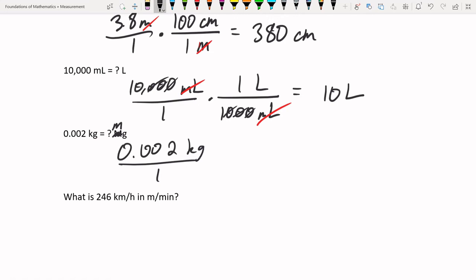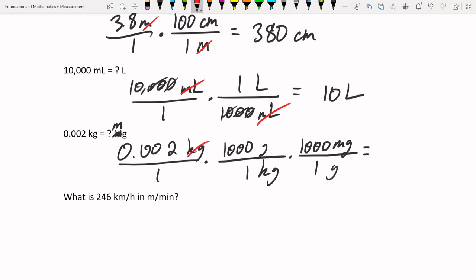If you're not sure of the direct conversion, which is going to be 1 million times as small, so there's 1 million milligrams in a kilogram, you can go to the baseline measurement, which is grams. So 1 kilogram is 1,000 grams, and then 1 gram is 1,000 milligrams.